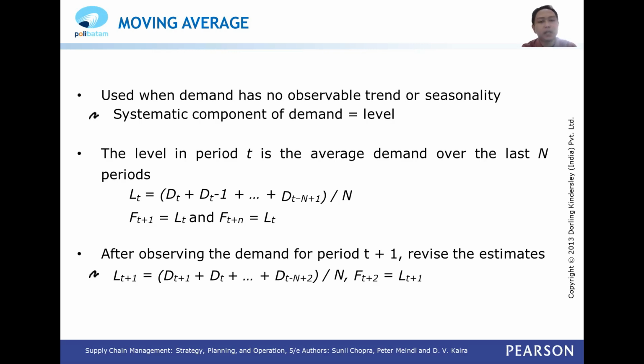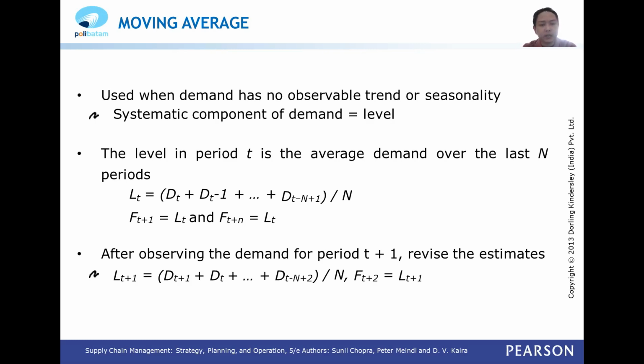Because the systematic component is the same as the level, the forecast value for time period T plus 1 is the same as the level value in time period T. So the formula is FT plus 1 equals LT, and FT plus N equals LT.